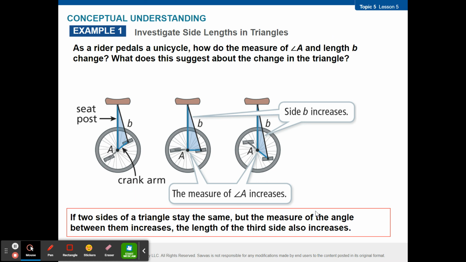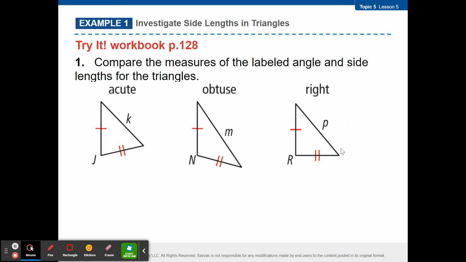All right, caught up? All right, so let's take a look at Try It 1 in our workbooks, page 128. Compare the measures of the labeled angle and side lengths for the triangles. Here's an acute triangle, here's an obtuse triangle, and here's a right triangle. Now, in your books, they had K, K, and K, didn't they?